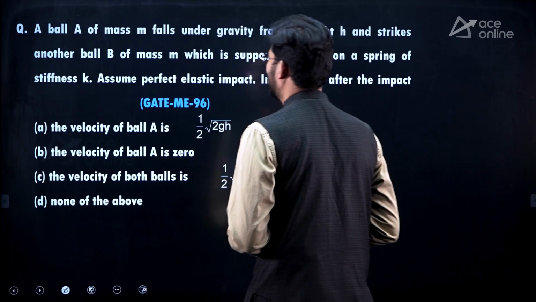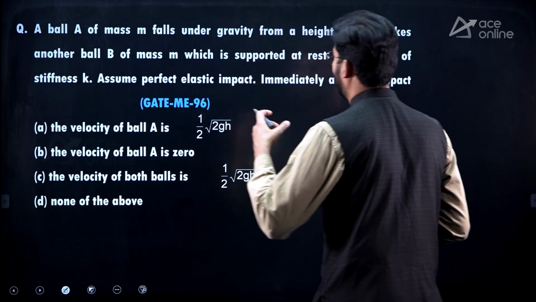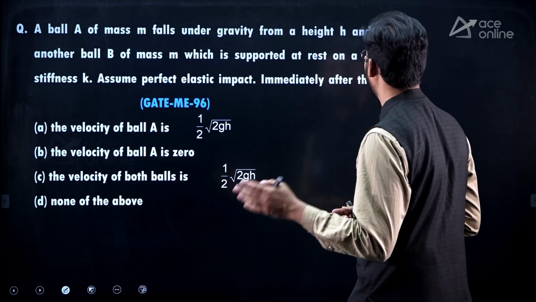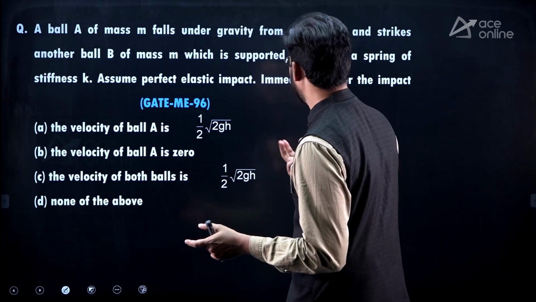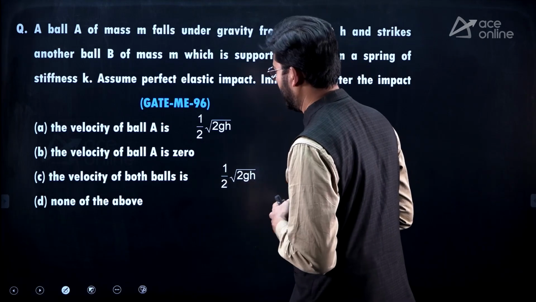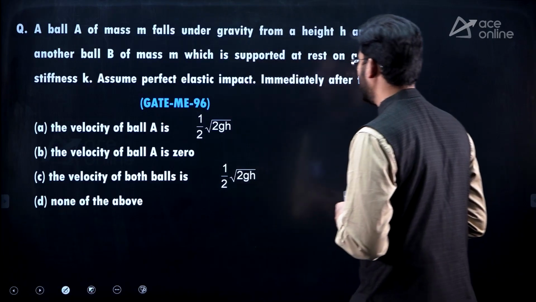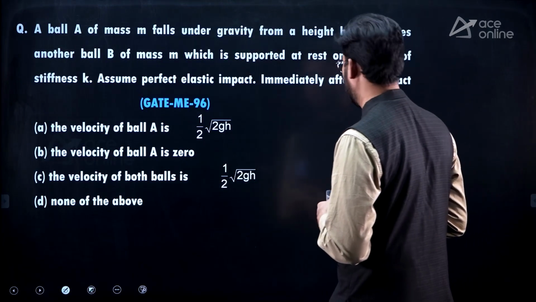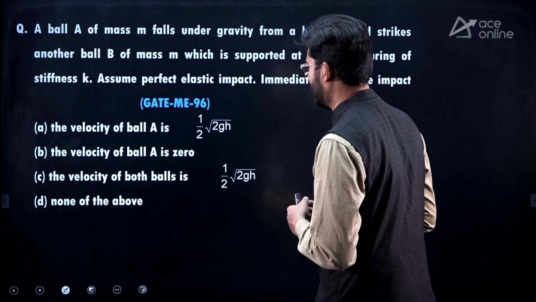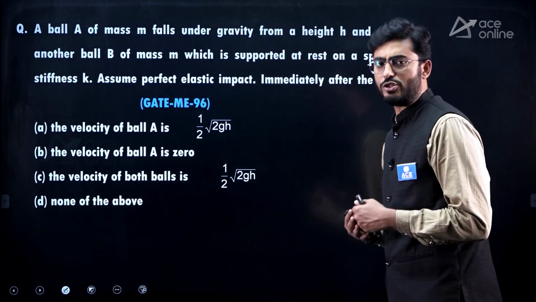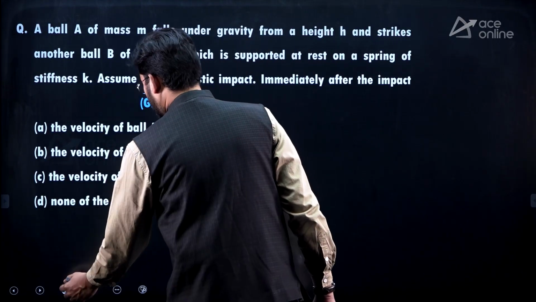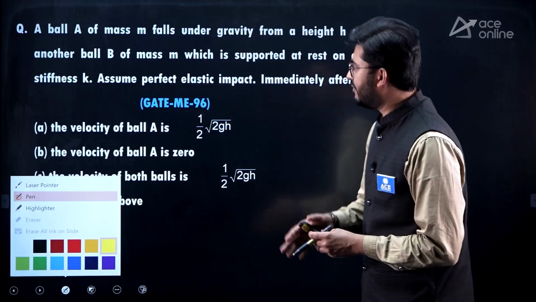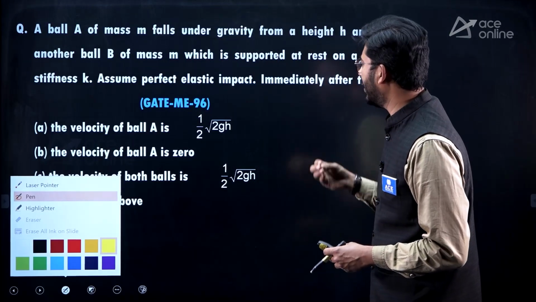So here the ball A is falling under the influence of gravity from the height h and striking the ball B which is supported at rest on the spring. When the collision is perfectly elastic, immediately after the impact, there will be exchange of velocities. So A is going to give the same velocity to B.